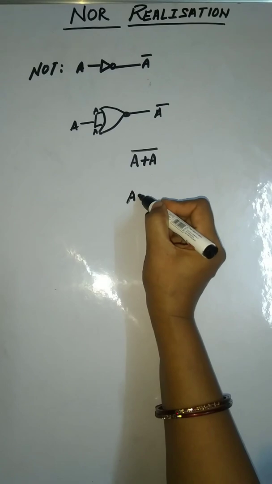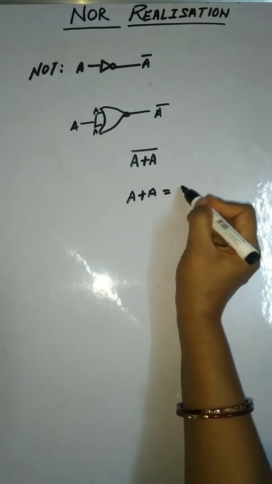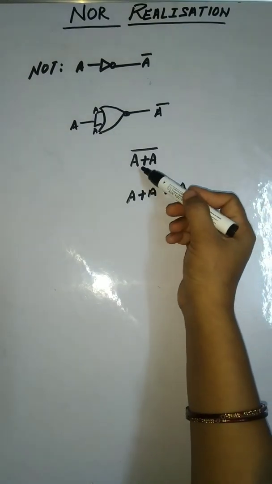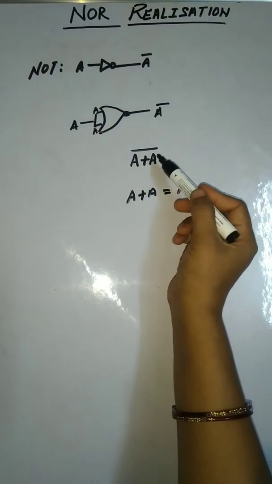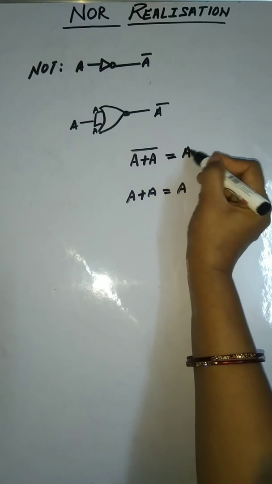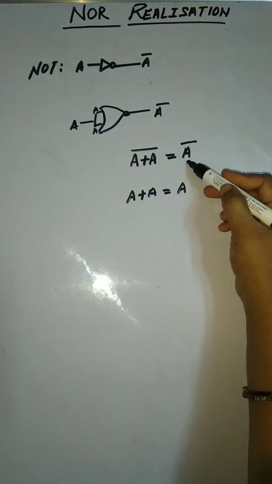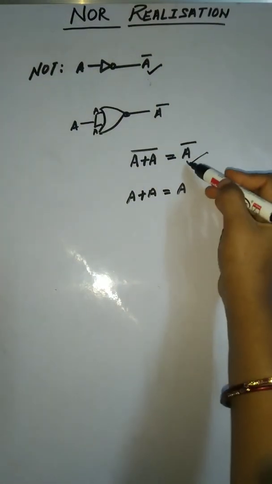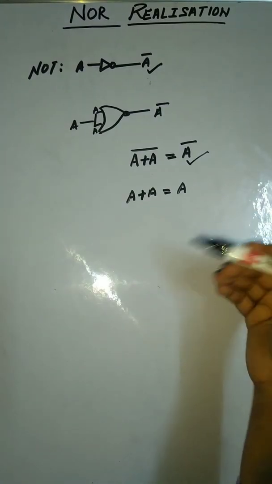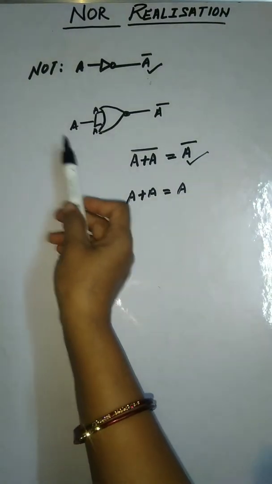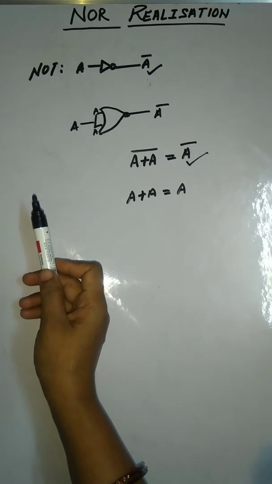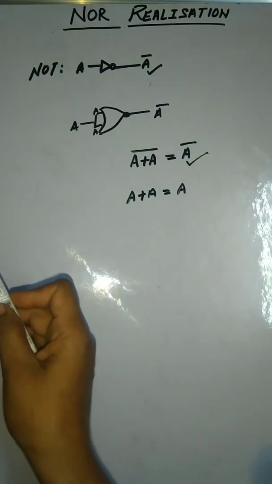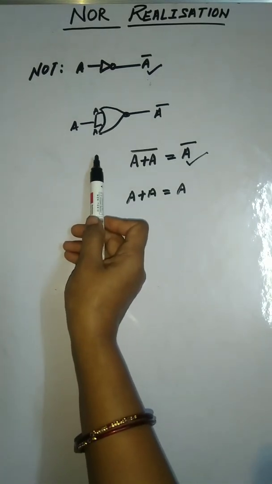You know that A + A is equal to A, so we can write here (A + A) whole bar is equal to A bar, which is nothing but the functionality of the NOT gate. So we can implement the NOT gate by using the NOR gate like this.